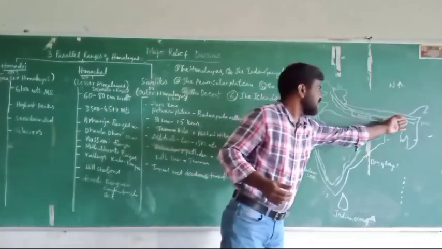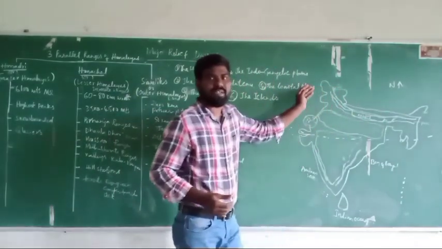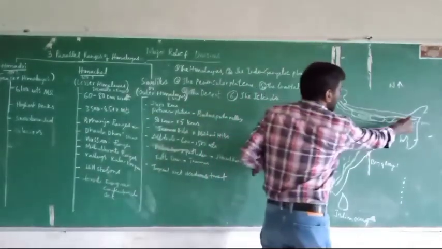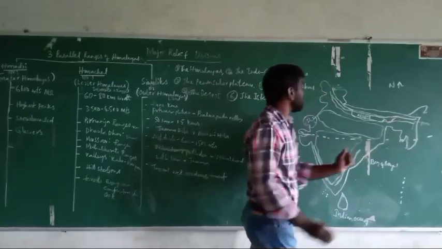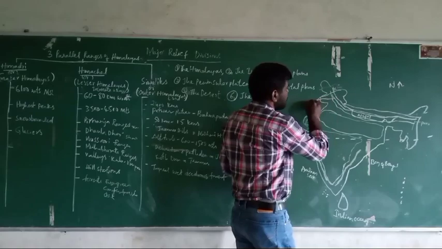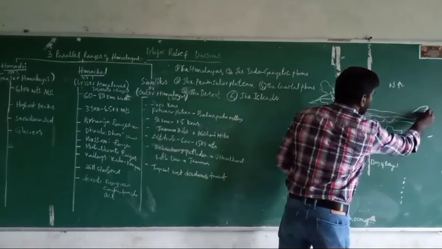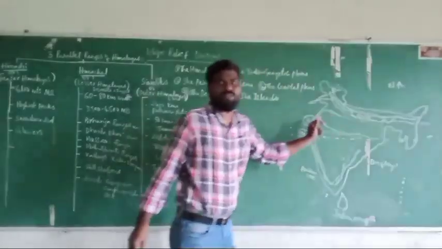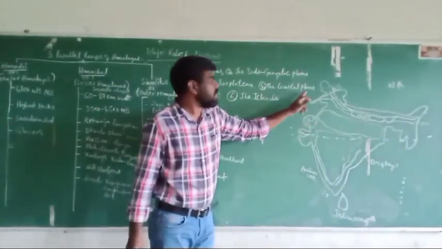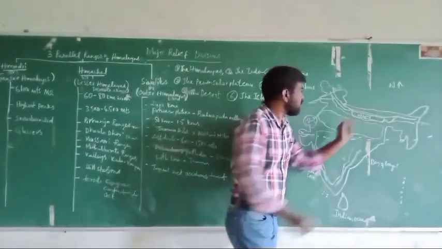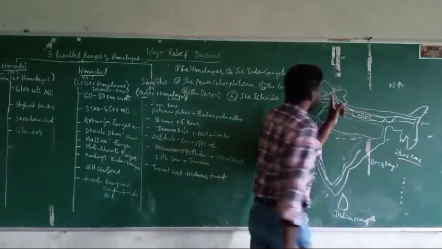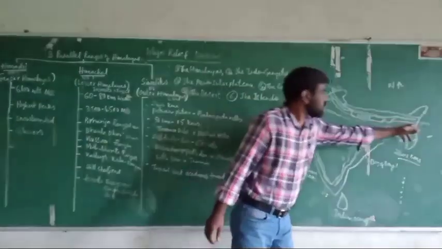They run in a northwest and southeast direction from the gorges of Indus to Brahmaputra in the form of an arc for 2,400 kilometers. How many kilometers? 2,400 kilometers in length.